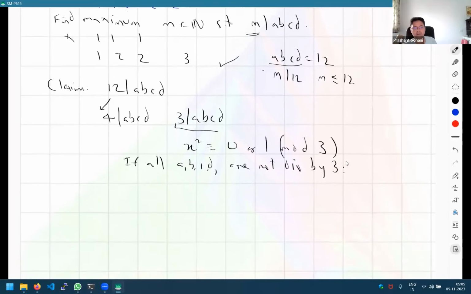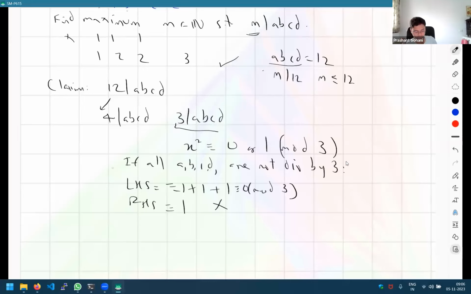Then it leads to a direct contradiction, because then the LHS, which is simply a square plus b square plus c square, will be 1 plus 1 plus 1, congruent to 1 mod 3. And RHS will be just congruent to 1. So yeah, that cannot happen.